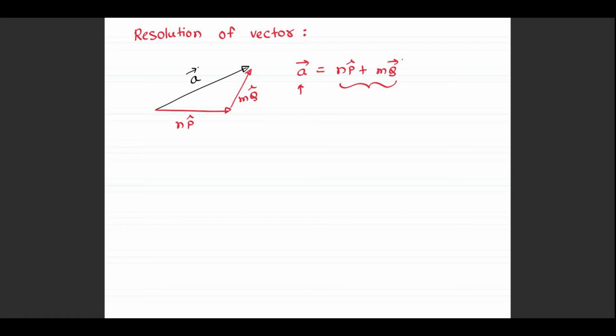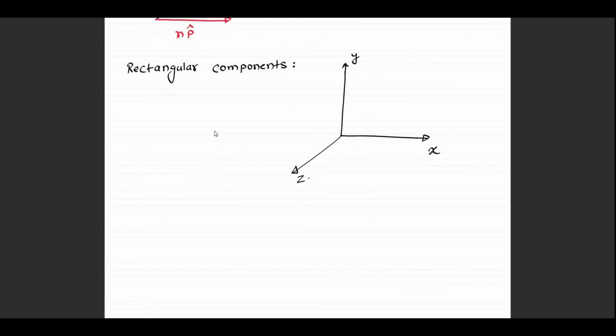Correct? We are going to talk about rectangular components mainly. Now, in case of rectangular components, we have three mutually perpendicular axes that we have already discussed: x, y, and z. Right? So please remember, in rectangular components, we have three mutually perpendicular axes.